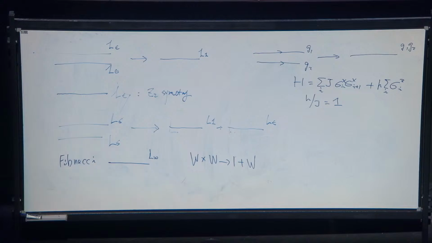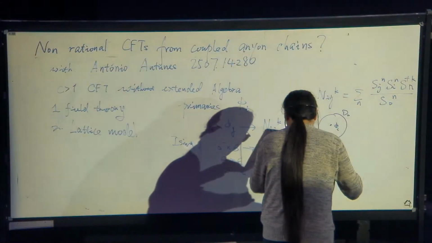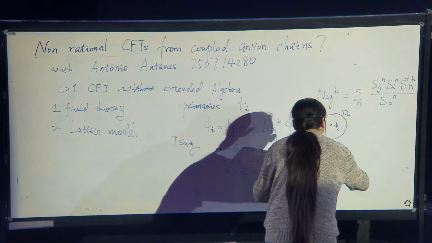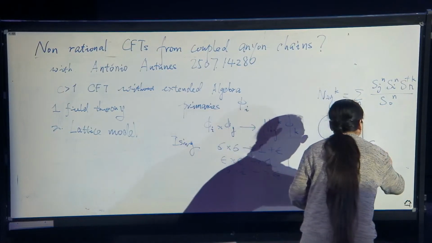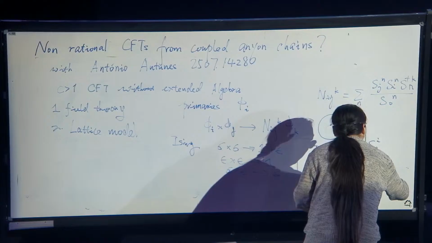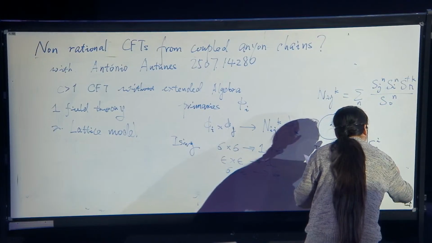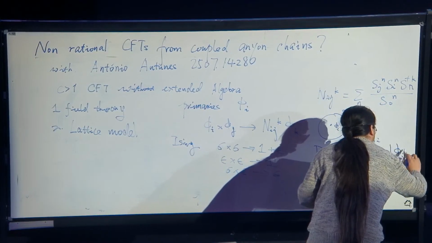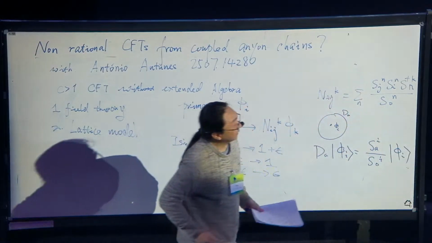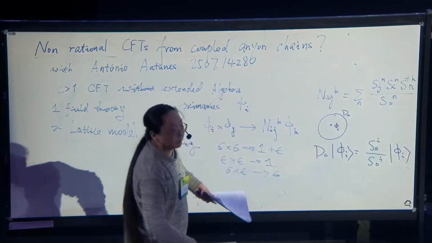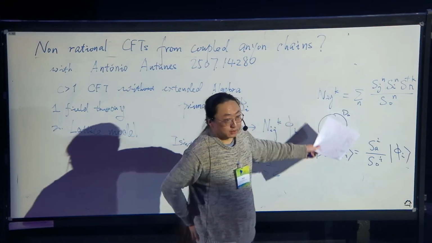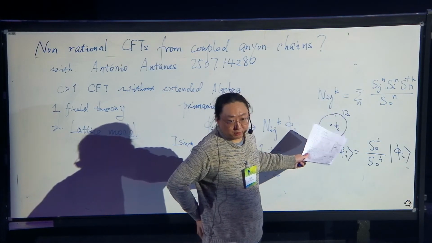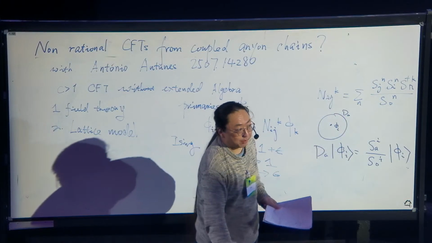It's again given by the S transformation matrix. So basically, I can write d_A acting on phi_i as a state, which is given by S_{Ai} over S_{0i} on my state. Just from the S transformation matrix, you can look at how these symmetry lines, non-invertible or invertible, act on your local primary fields.